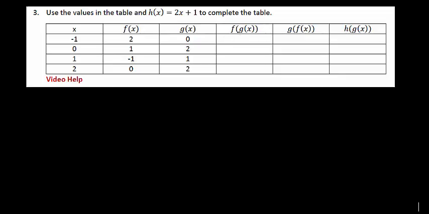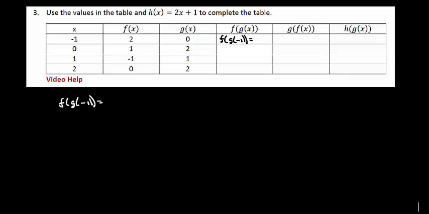So this first one says, what is f of g of x when x is -1? So this first one right here is f of g of -1. That's what you're supposed to put in this first square here. I'm going to do this down here below. What we need to do first is find out what is g of -1.